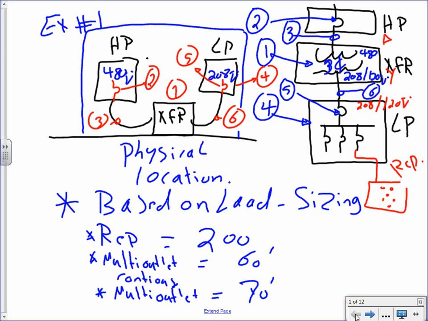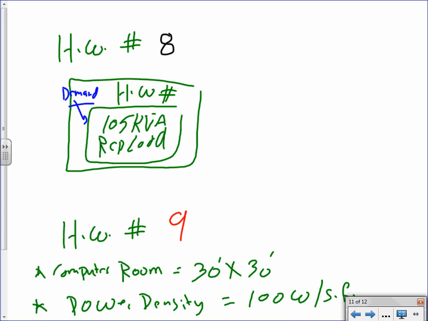Any comments before we move into the next topic? I have a homework for you guys to do, and then I'm going to jump into sizing PDUs and UPS. Any question? Let me go quick directly into the homework. Okay, here you go. This should be homework number 7, right, Aaron?